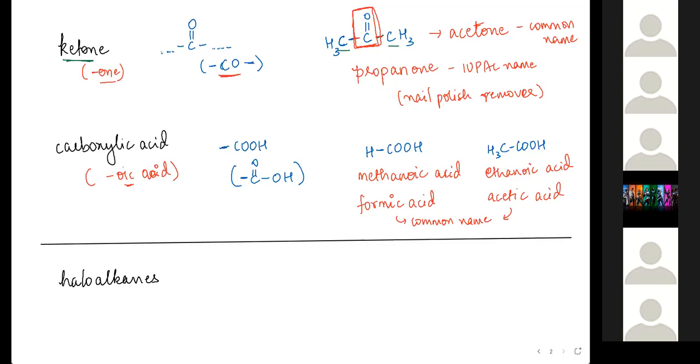Haloalkanes are just like alkanes, except that they have an extra halogen. That's why we call them haloalkanes. The name also follows the same format. The formula is an alkyl group and X, where X can be chlorine, bromine, iodine, or even fluorine. Fluorine is also a halogen.